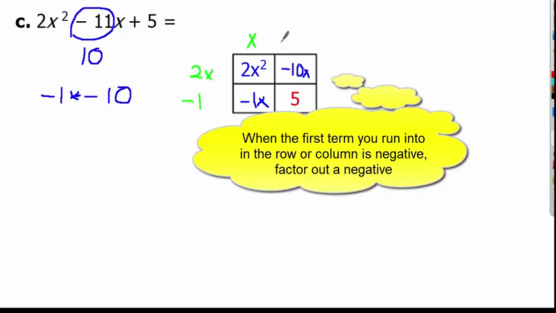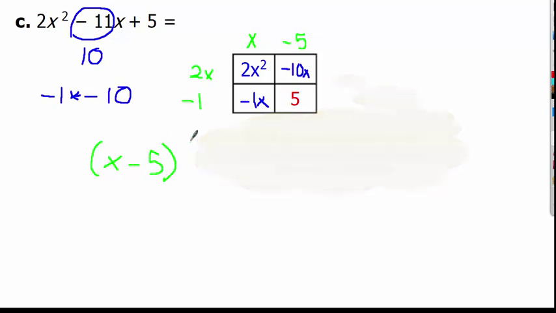Since this term is negative, I'm going to factor out a 5. And we have x minus 5 across the top, and 2x minus 1. And if I am solving that, when I set it equal to 0 and move it over, this guy's going to change sign, and it's going to be 1 over 2.